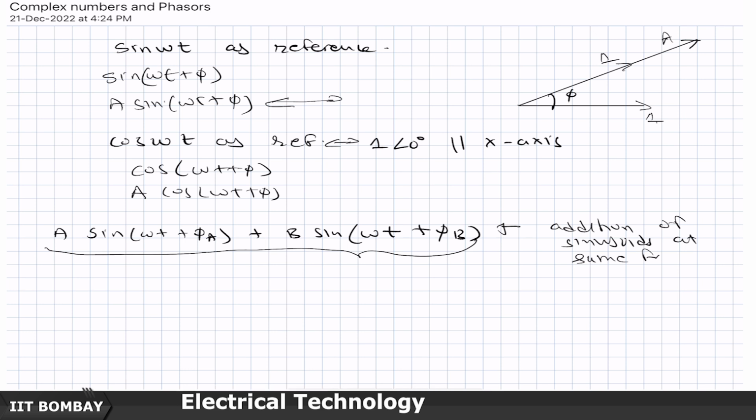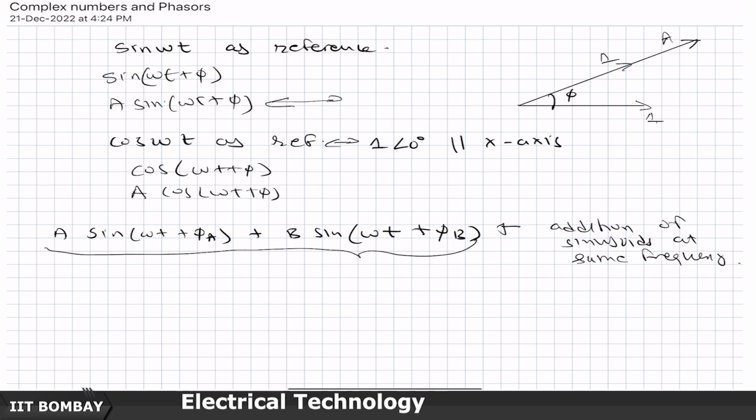This same frequency is again something very important. All the phasor arithmetic that we are developing means all the sinusoids are at the same frequency, typically 50 hertz for us, 60 hertz for the United States. But this frequency is not changing. That's why we are able to do the phasor arithmetic. You cannot create a phasor at 50 hertz and add it with a phasor at 100 hertz. That's simply not done. I have discussed this earlier also in the class.